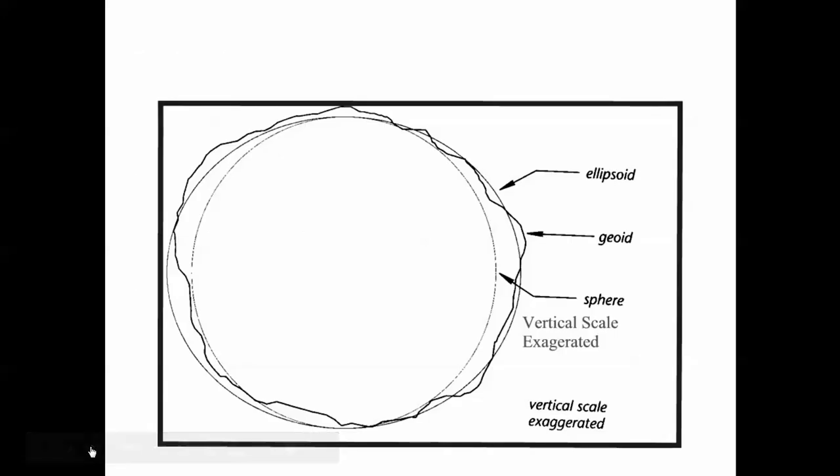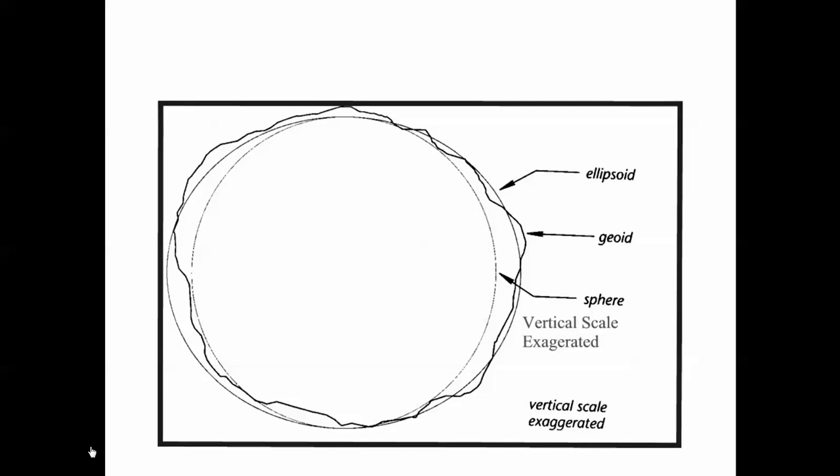And that's where these three ideas come from. We have the geoidal surface, that's the most complicated. Then we have a reference ellipsoid, which is a simplified mathematical smooth surface. And then we have the most simple idea, which is the sphere. So we have three different ways of describing the Earth, and we need to understand a little bit about them.